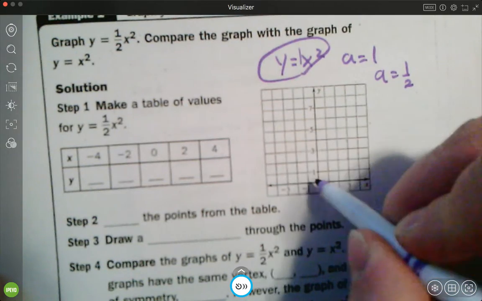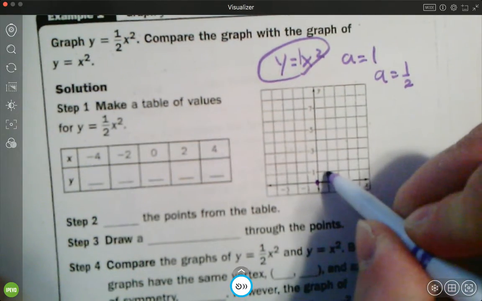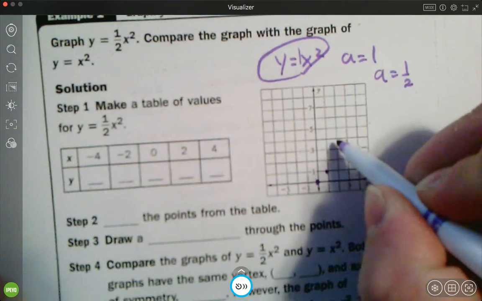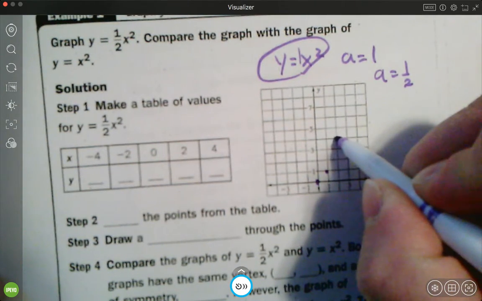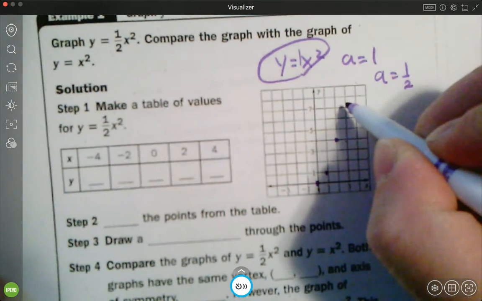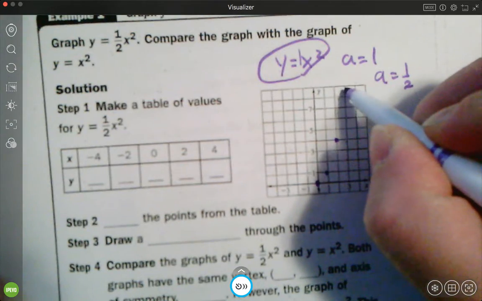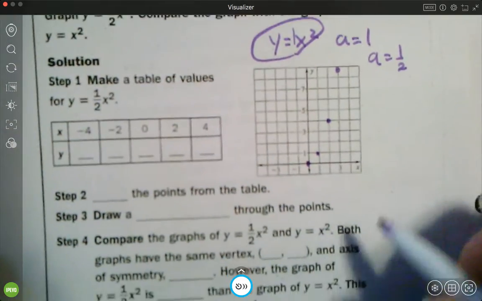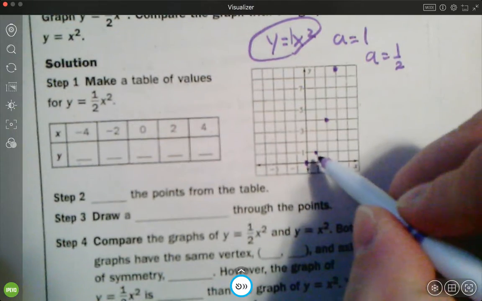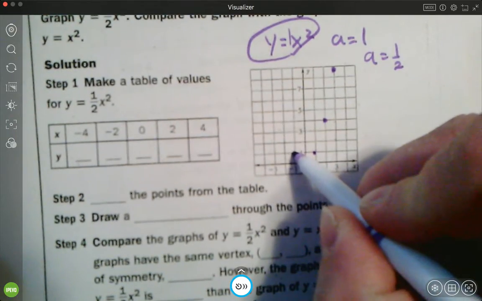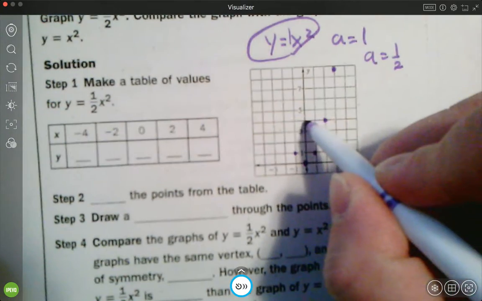So again, like I said, it starts at 0, 0. 1 squared is 1. 2 squared is 4. And 3 squared is 9. And again, now that I know that this is my line of symmetry, I don't really have to think too much. I just go over 2, over 2.